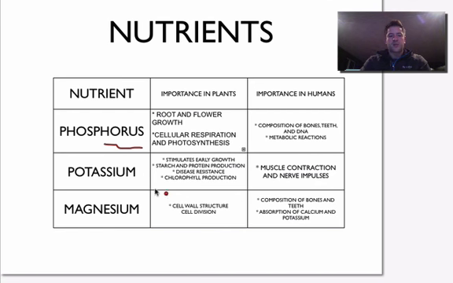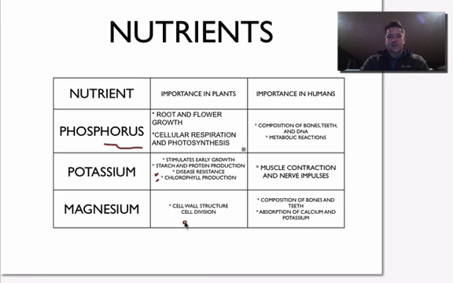It helps the plant to resist disease, and it also helps in the production of chlorophyll, which is used for photosynthesis, a really important process in plants. But in humans, it helps muscle contraction and nerve impulses. So we really use potassium, and you'd learn this in high school biology, how potassium is used to conduct nerve impulses in our body, and the importance of it along with sodium.